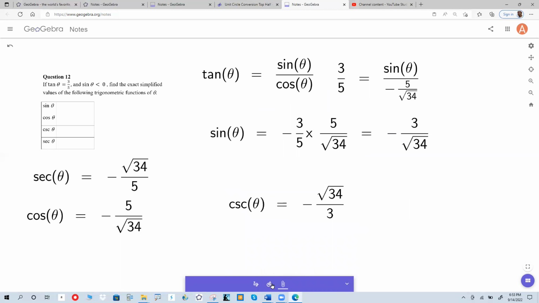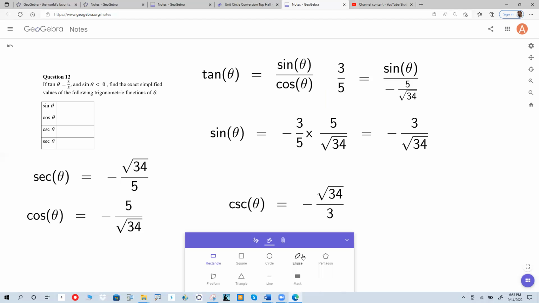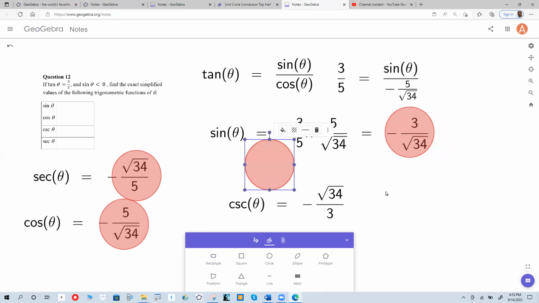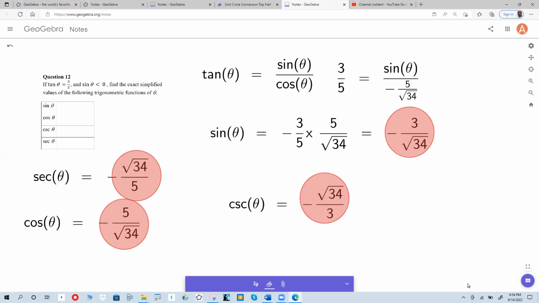Let's highlight them nicely. One answer. The second one. The third one. And the fourth one. All my answers are here. Hope that helps.